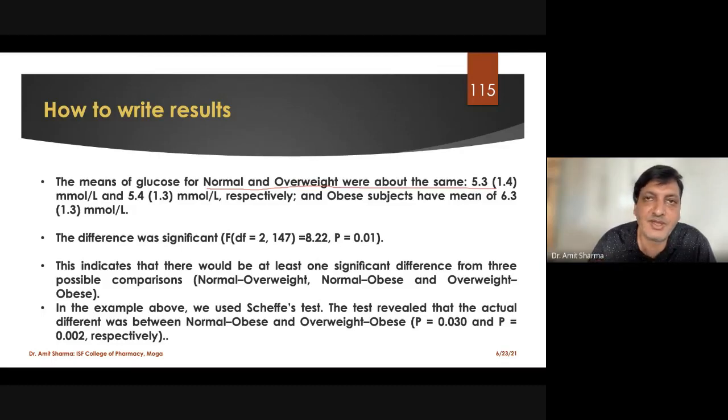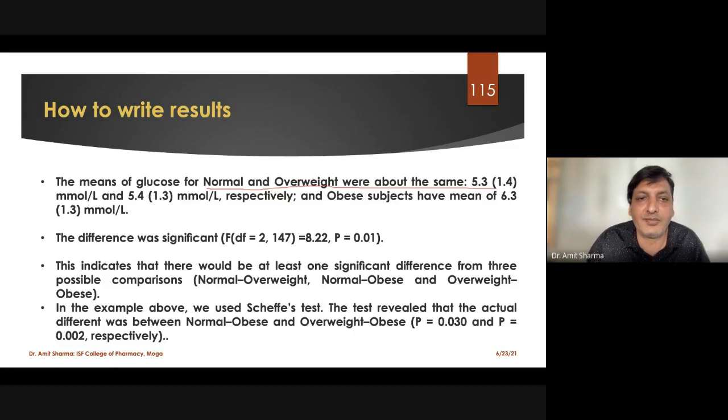So when you have received the same value for two groups, you can write in such a way that the same value we have received in group A and group B, and we have got a very lower value in group C. Whatever writing style you can adopt, because the more you write in a different style, the more your thesis will not be plagiarized. If you are writing in the same style as I have written, or another author has written, then whenever you submit your thesis or research paper, there is a chance of plagiarism. So the writing style for results should be unique.